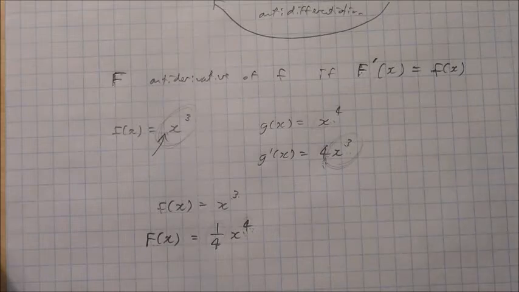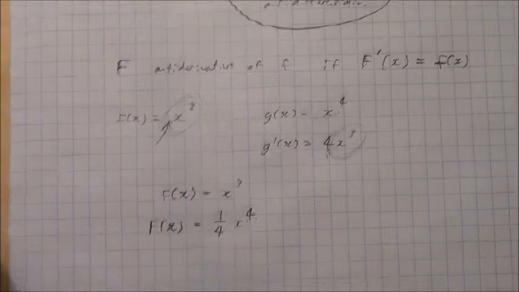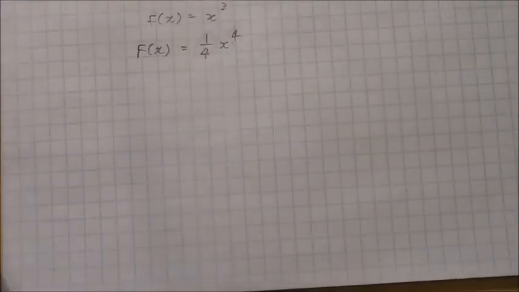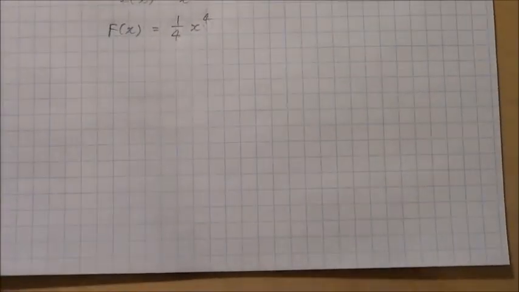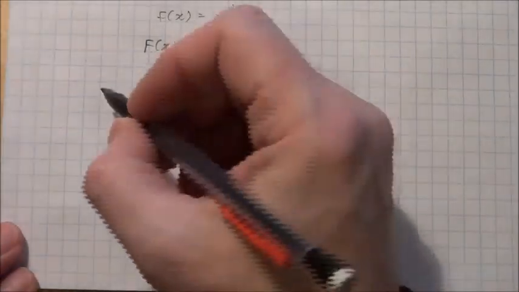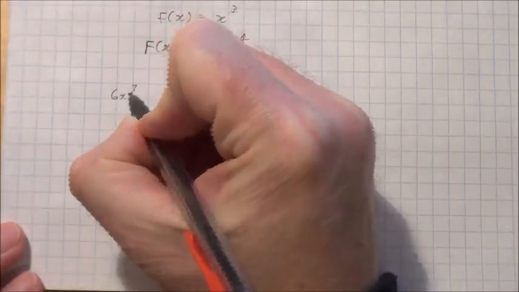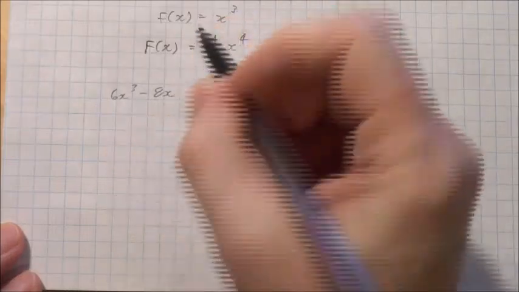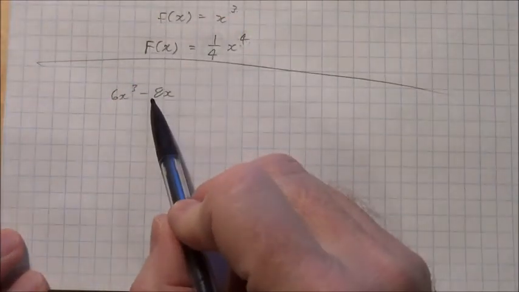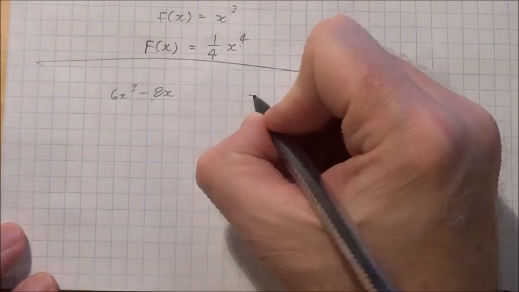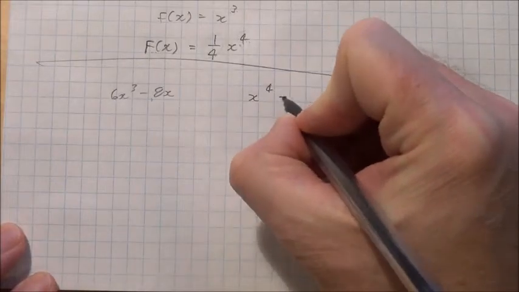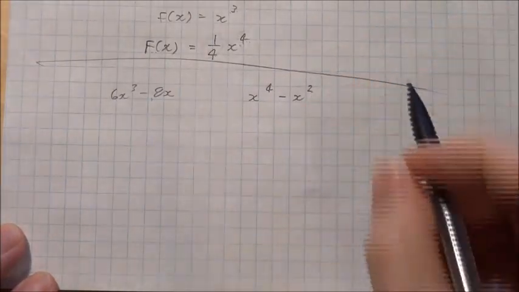It's a little bit of a guessing game at the beginning, but we're using a bit of logic too. So let's find the antiderivative of 6x cubed minus 8x. We're going to do this by first differentiating x to the power 4 minus x squared.